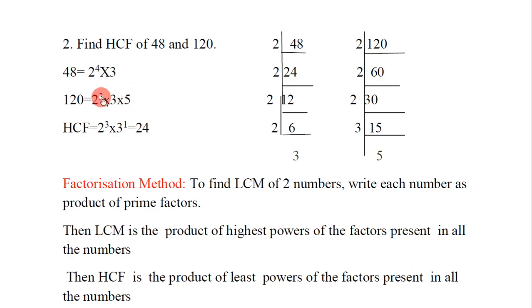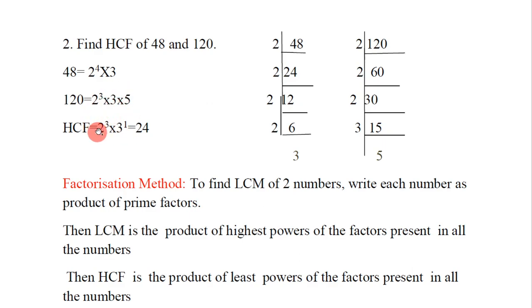To find the LCM of two numbers, first we write each number as a product of prime numbers, and the same is for HCF also. Then LCM is the product of the highest powers of factors present in the numbers, and HCF is the product of the least powers of factors present in all the numbers.